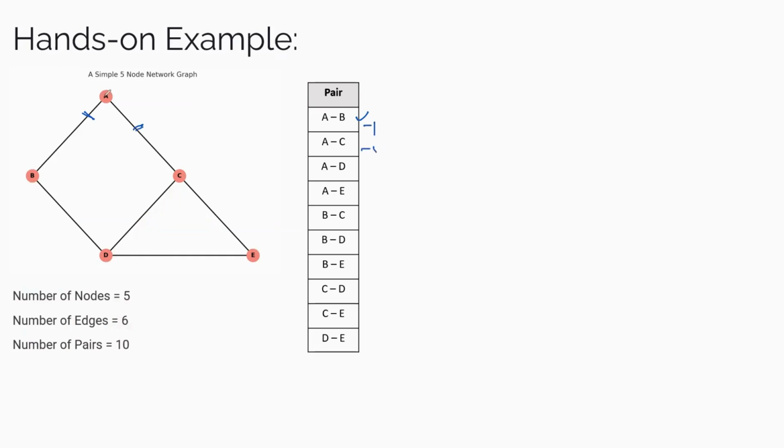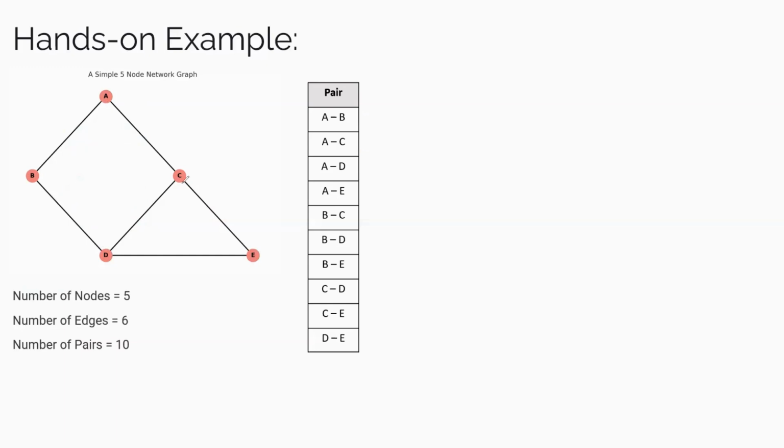But if I talk about AD, then I can see two possible paths, one and two: ABD is one path, ACD is the other. So I have two paths possible between AD. Next, the connection AE. Again, for AE I can see only one shortest path, that is from A to C and C to E.